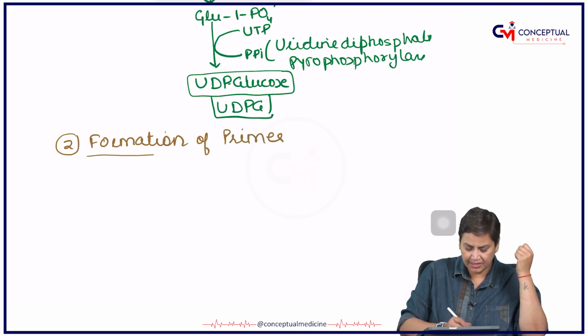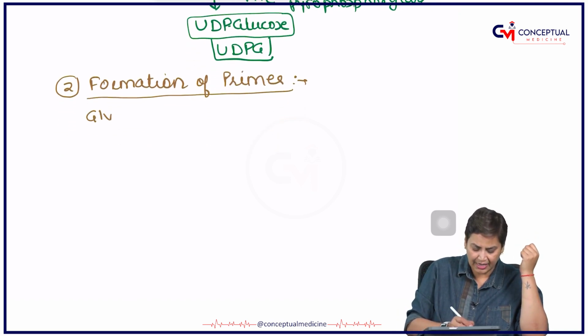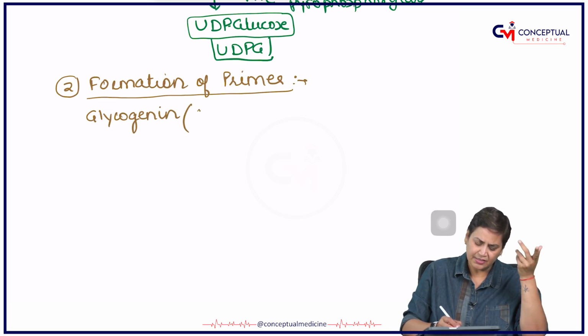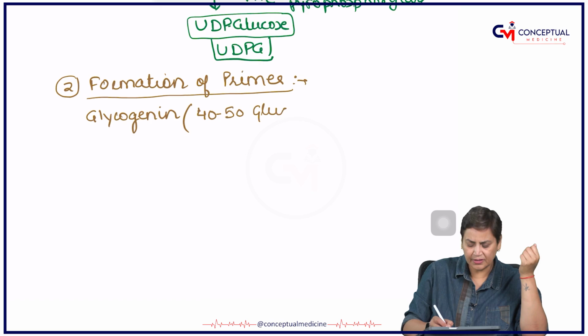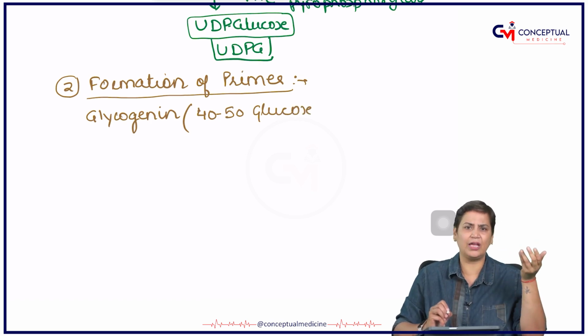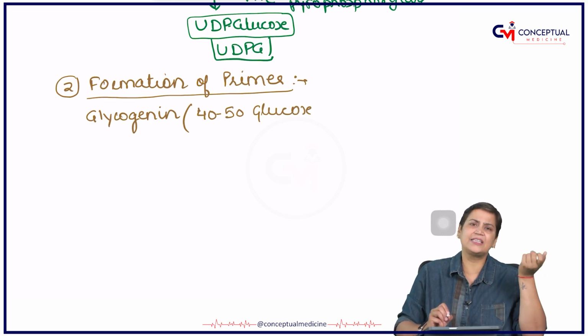Okay, and this primer is actually known as glycogenin, very important. So glycogenin, which is simply 40 to 50 glucose residues long, depending upon how much glucose has to be converted into glycogen. It can be 10 to 20 also, it can be 20 to 30 also, but it is just acting as a primer.